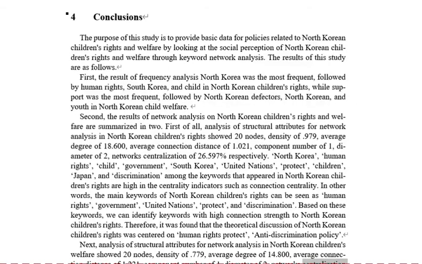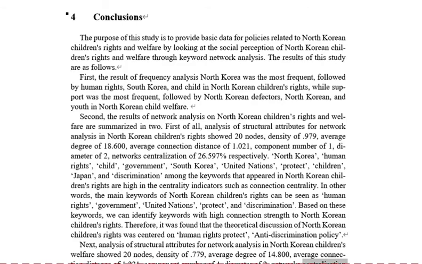The purpose of this study is to provide basic data for policies related to North Korean children's rights and welfare by looking at the social perception of North Korean children's rights and welfare through keyword network analysis. The results of this study are as follows. First, the result of frequency analysis.